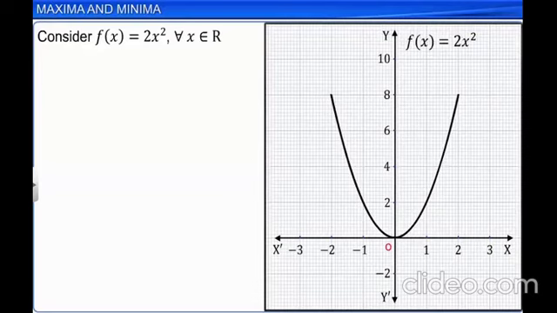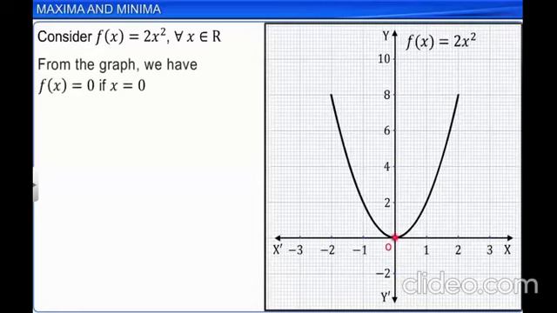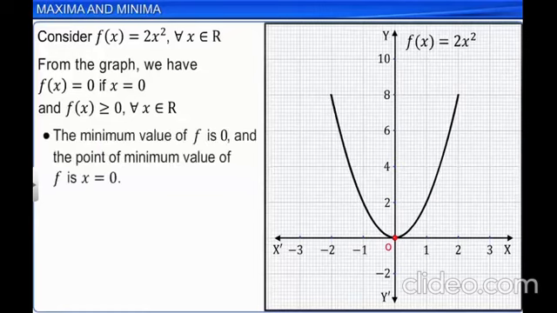The value of the function f at the point 0 is 0, and f(x) is always greater than or equal to 0 for all real values of x. Therefore, the minimum value of the function is 0, and the point of minimum value of f is x = 0.